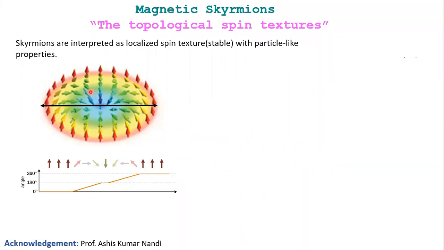That's why the skyrmion corresponds to a topological charge 1. In this case, theta rotates in the clockwise direction, and the clockwise direction means the topological charge q is equal to +1. The skyrmion with topological charge +1 is called an achiral skyrmion, and the rotation can be in a different direction, that is the anti-clockwise direction, and that will be topological charge q equal to -1, and that is called a chiral skyrmion.